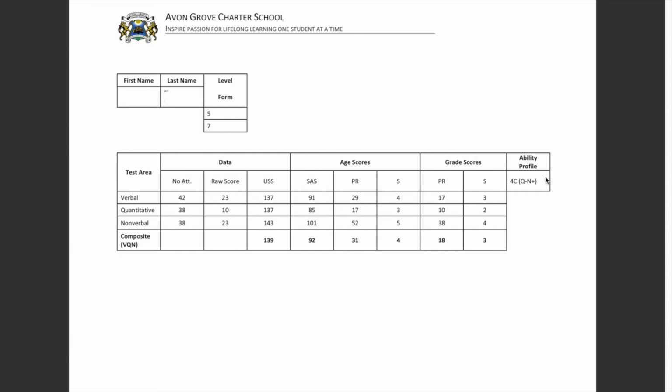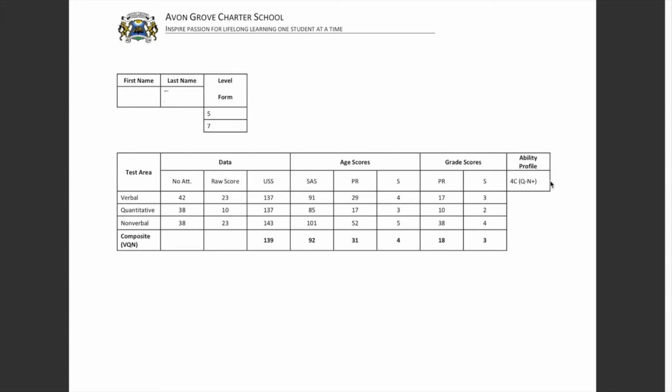The most useful information on this data table for parents is this ability profile score. Based on all of the information and scoring brought together between the 3 battery tests, it develops this ability profile that you'll see here on the far right.